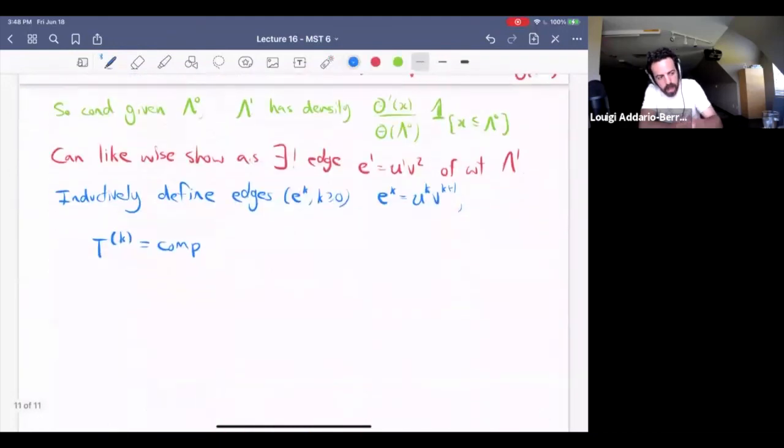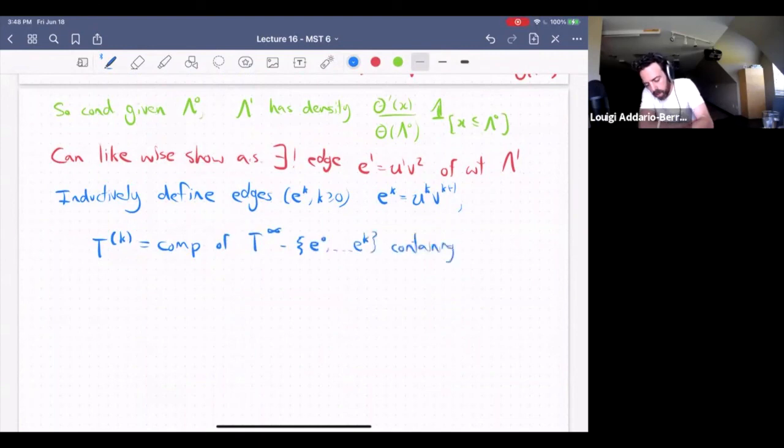So TK is the component of T infinity when you remove the edges E0 up to EK, which contains UK, and then T infinity K plus 1 is the component when you remove these edges that contains the far endpoint VK plus 1.